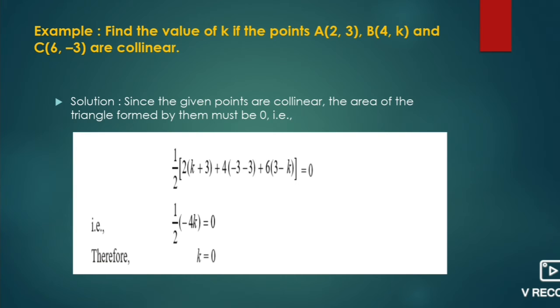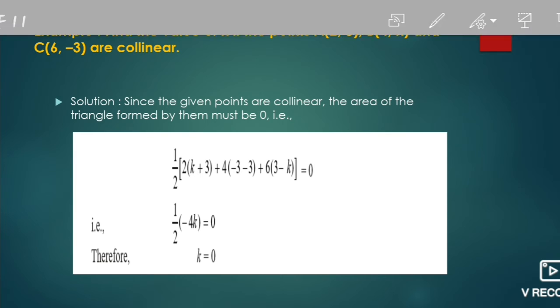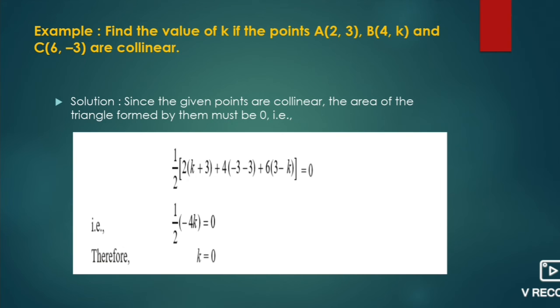Now the next one. Find the value of k if the points A, B, C are collinear. Now A, B, C points are given as collinear. You have to find the value of k. As you can see, the coordinate of B is 4 comma k. You have to find this k value.